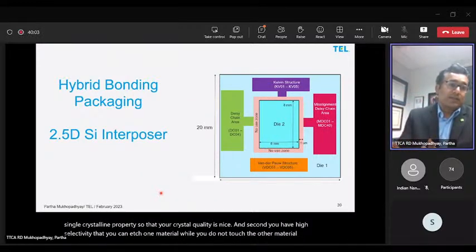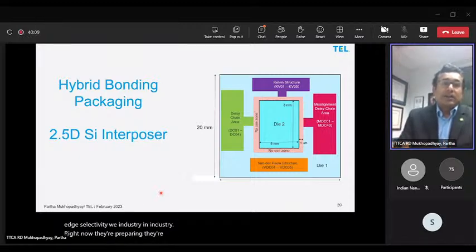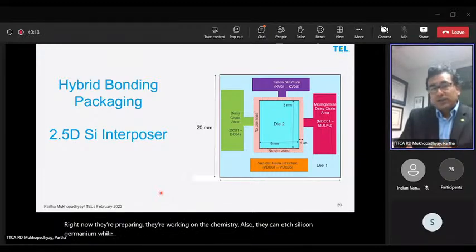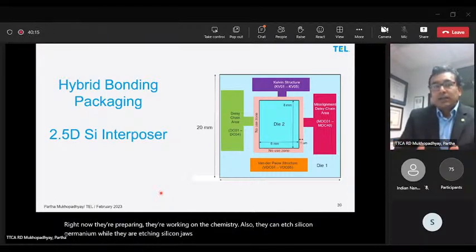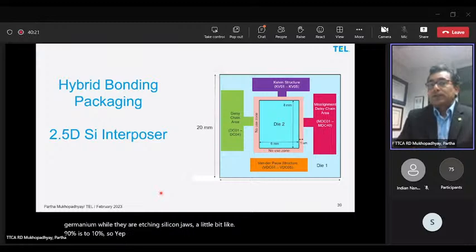In industry right now, they're working on the chemistry also. They can etch silicon germanium while etching silicon just a little bit, like 90% to 10%. So that's the reason why you are using silicon germanium and silicon.